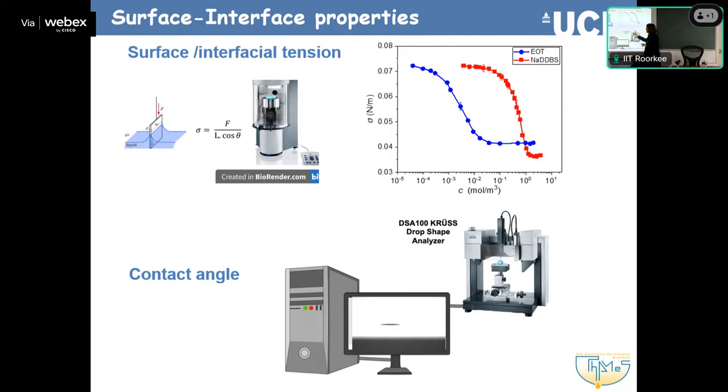As I said, this is the Cruz instrument, but it can be done quite simply as well in a lab. All you need is a good camera, good resolution. It doesn't need to be high speed, because basically it's taking images of the drop and then in some way trying to get this contact angle here. So yeah, these are the instruments we use.